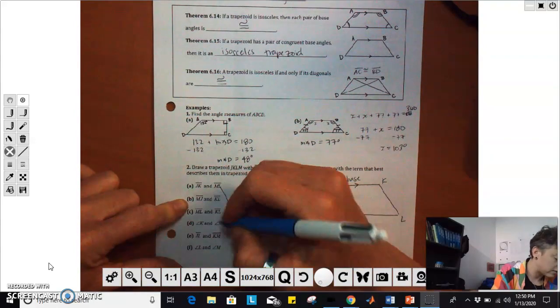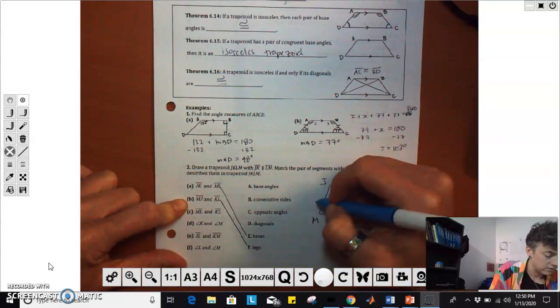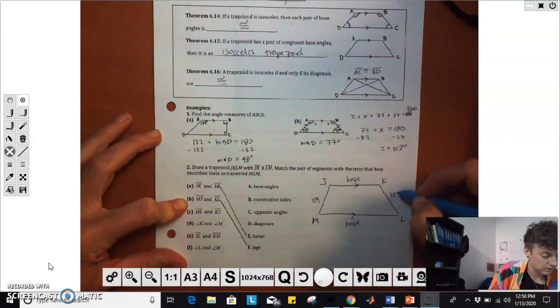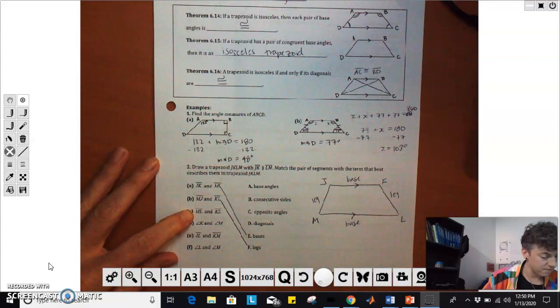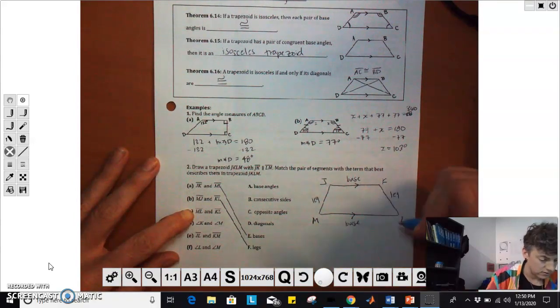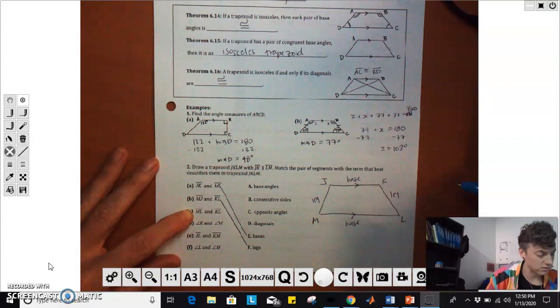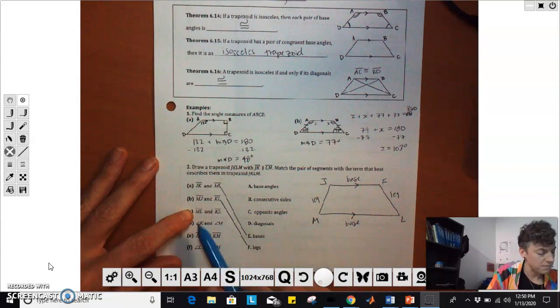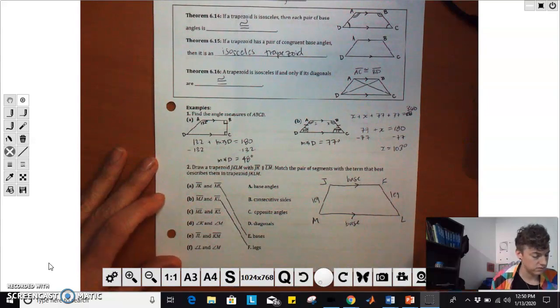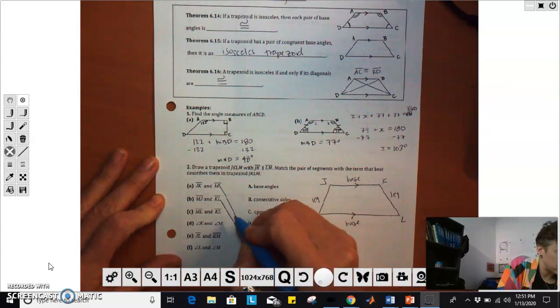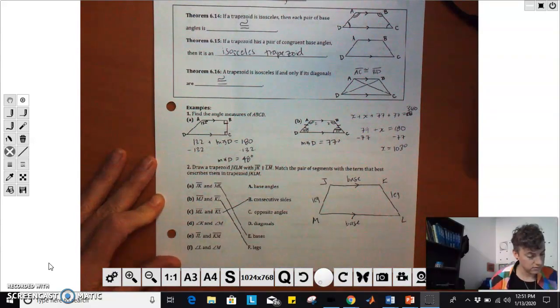Good, those are legs. How about ML and KL? They're not diagonals. ML and KL. Oh yeah, they're sides that are right next to each other. Very good. Consecutive sides.